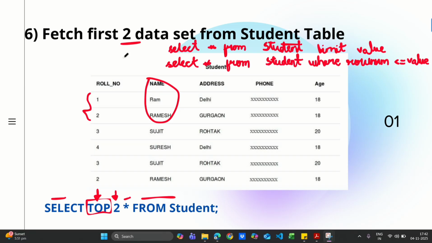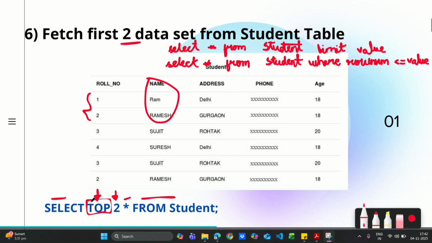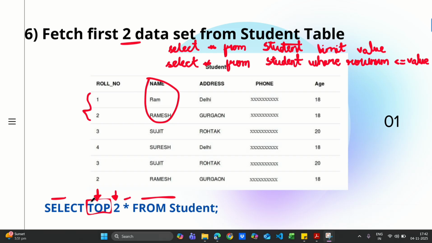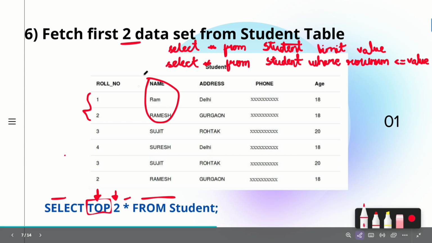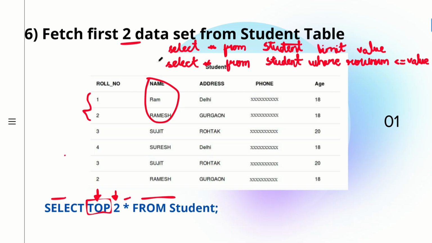As I said, different vendors have different syntax. In some DBMS this TOP keyword might not be there. TOP is the general one, but some vendors do not have a TOP clause.